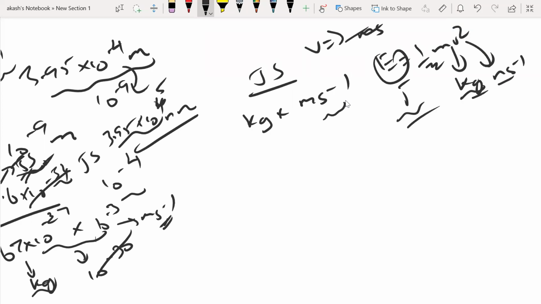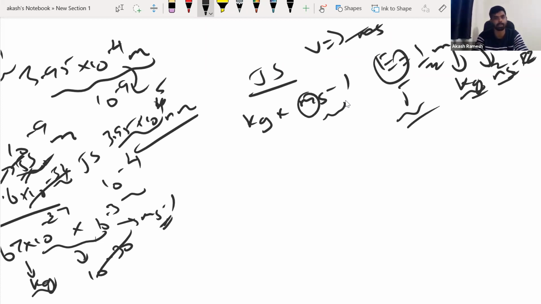All I'm trying to say here is that you're getting a second and all, so everything will be cancelled. All that will remain is only this meter, and that too in the numerator. That's what you'll be getting. Don't worry, you don't have to worry about the units. It is going to be completely all right. If you are really interested in this, all you have to do is dimensional analysis, which you do in your first chapter.